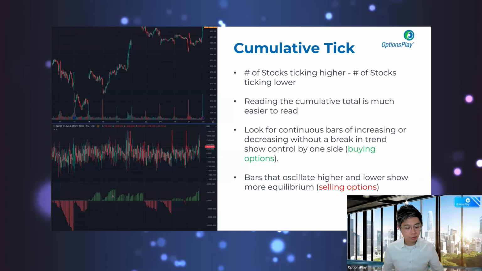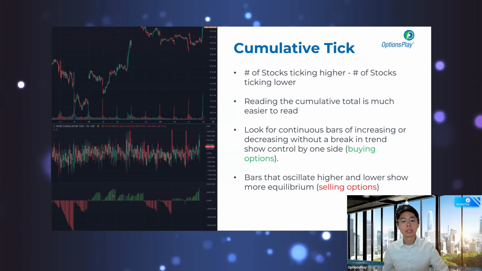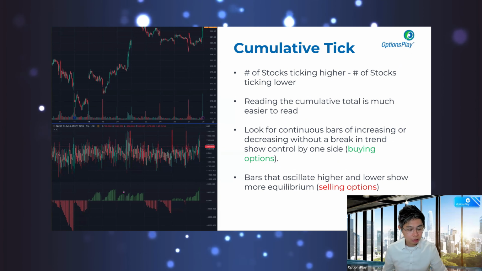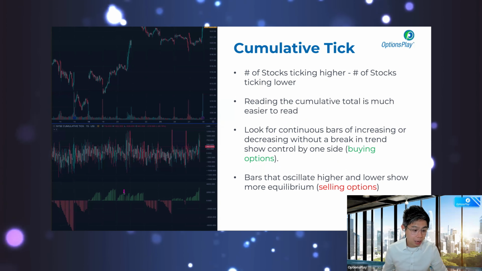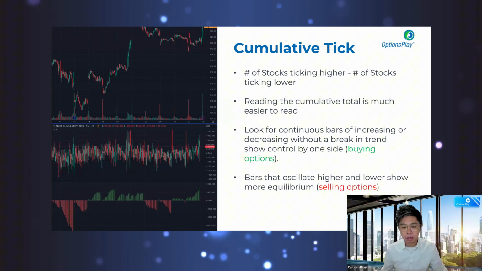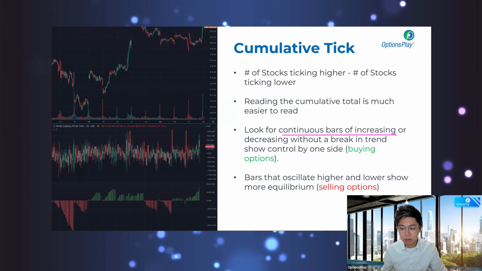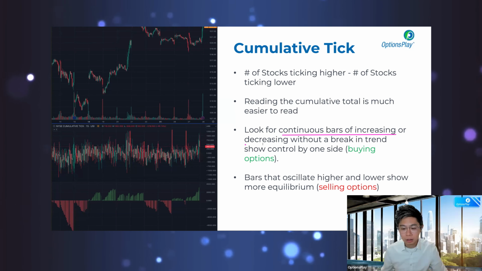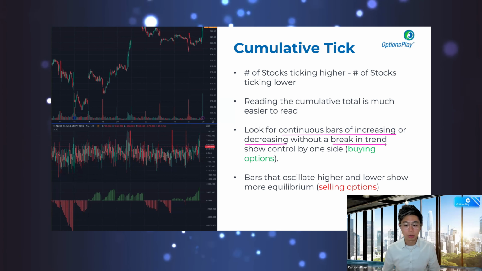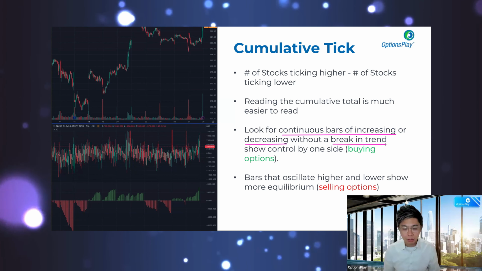If it's green and you have consecutive green bars, that's increasing and consecutively continuing to increase. And when you start to see these dark bars, that means that even though it's still positive, it's decreasing. So what you're really looking for are continuous bars of either increasing or decreasing without a break in trend. And that's really what's showing you whether buyers or sellers have control.